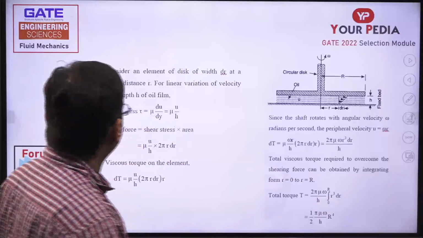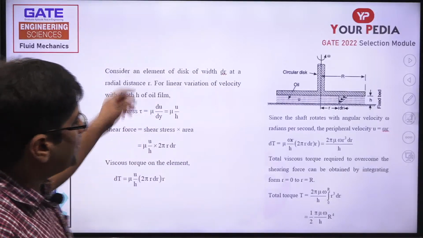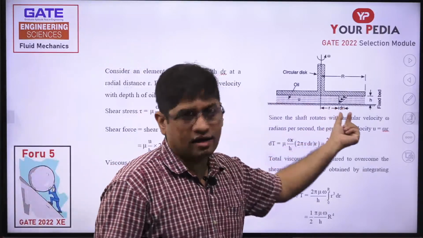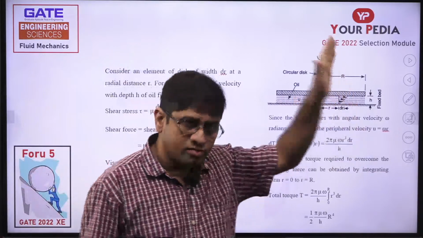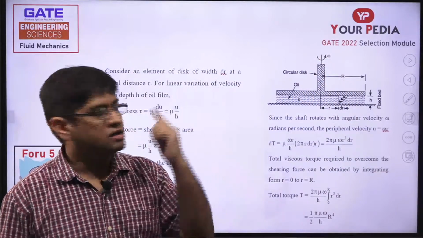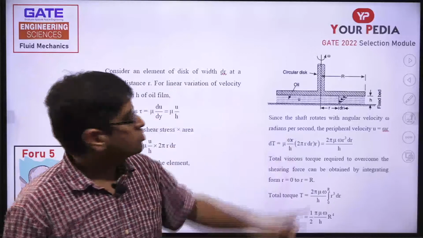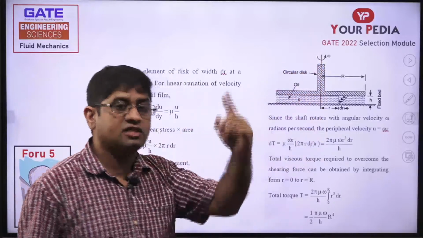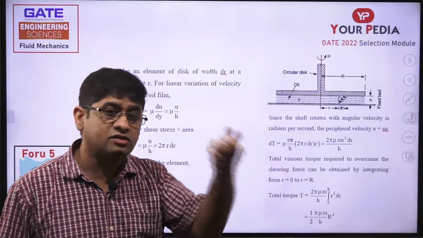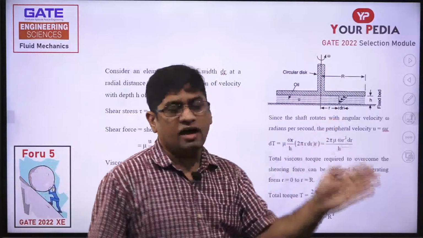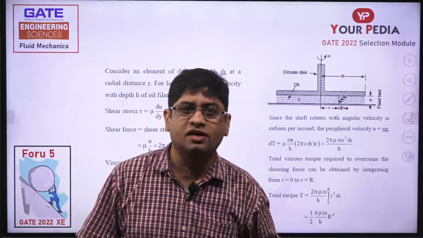So let's see what the question is here for us. We consider a small element dr at a distance r from the axis of this rotating disk, a small element of length dr at a distance r from the axis.